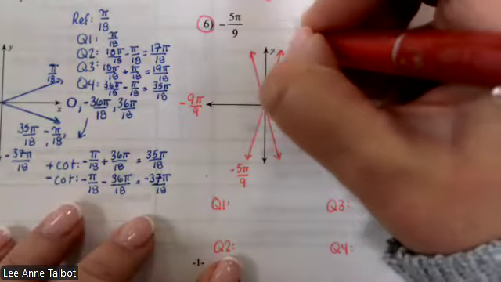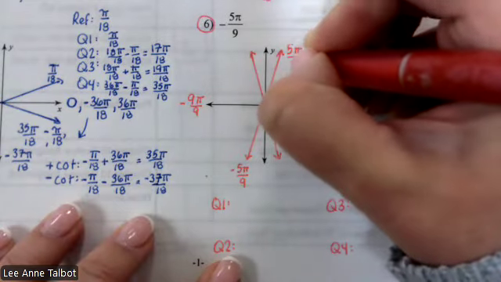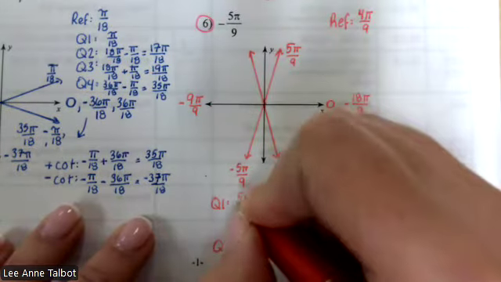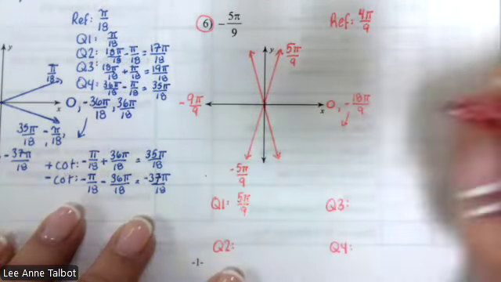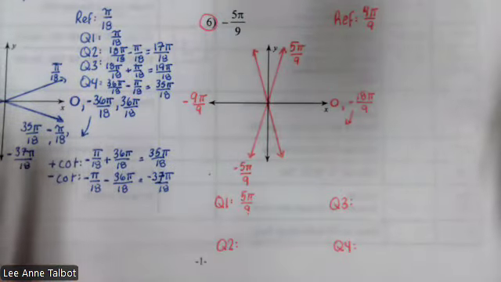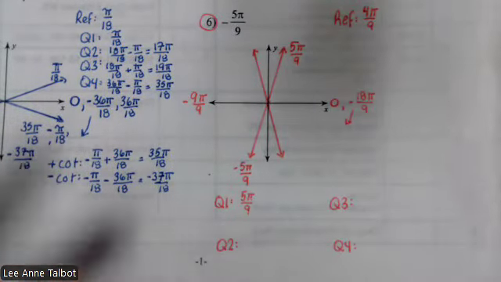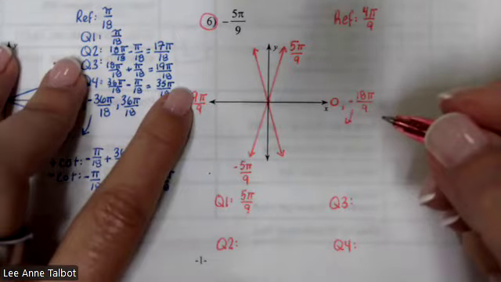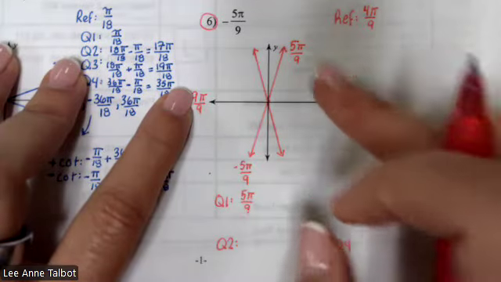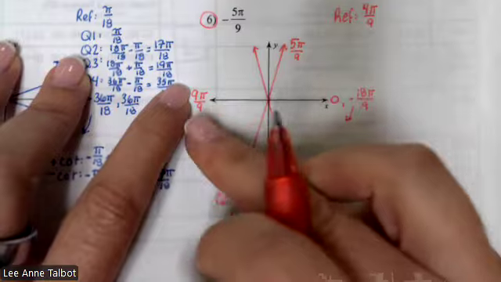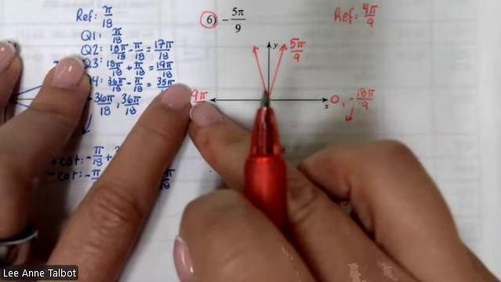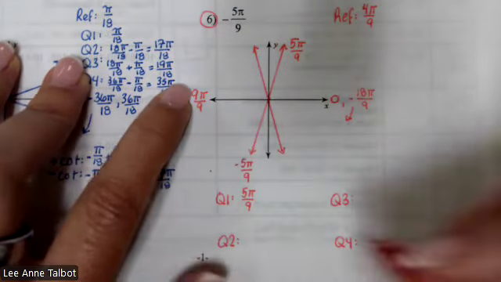Okay, so my quadrant 1 angle will be the reference angle, which is 5 pi over 9. And now I pretend that I have positives here instead of negatives, and I'm rotating this way. So what's 180 minus 5 pi over 9?